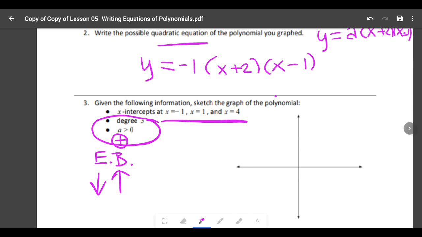They don't have them as repeated roots, so each is going to just cross through the x-axis, no tangents. So in my rough sketch, I have an x-intercept at -1, an x-intercept at +1, and 4, and I'm going to just chop through.